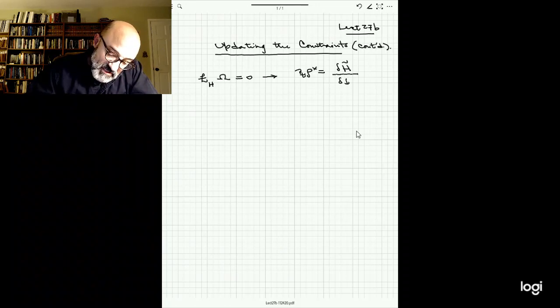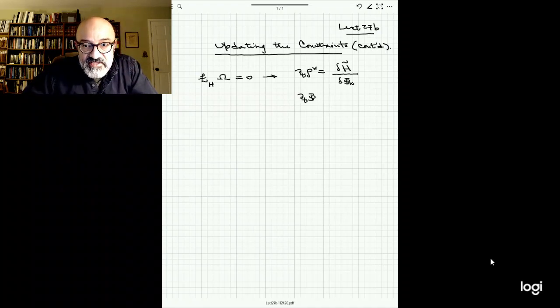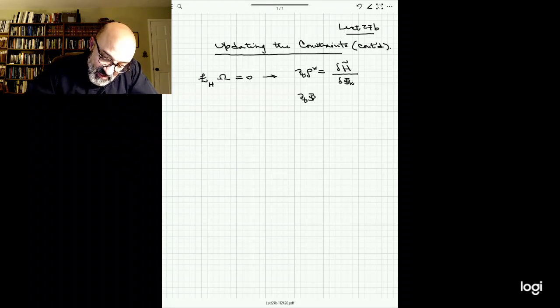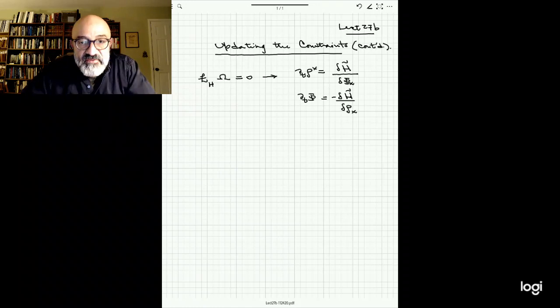And this is how that looks. You update the constraints, it's the second equation, by taking the derivative of h with respect to rho. Very good. So we solved the problem of how you update the constraint.